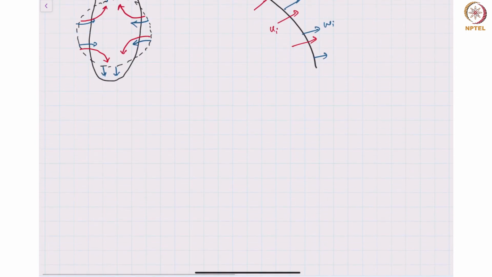Now let's consider another situation where there could actually be a mass transfer across the boundary. This is not a fluid flow system. I mean, this is not an interfacial system, but it's still a useful example to look at. Let us say you blow a balloon. This is the mouth of the balloon.